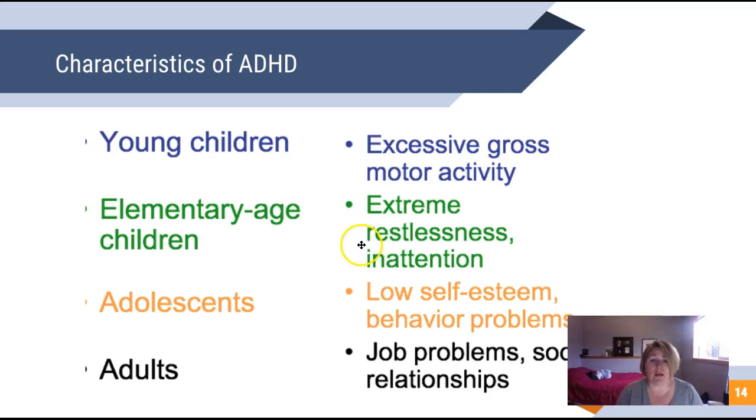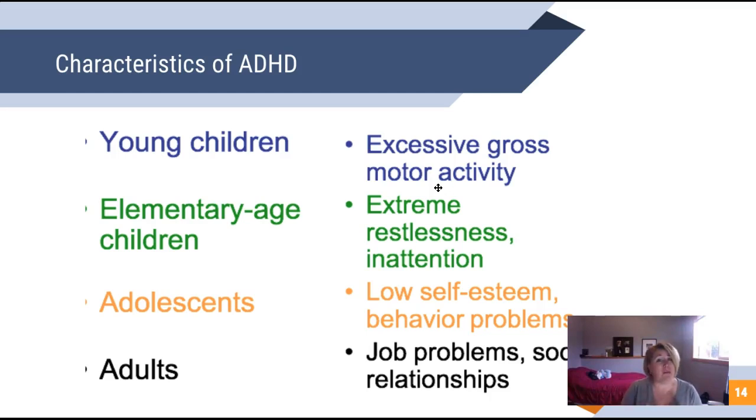So, characteristics of ADHD. As we move across the developmental stages, in young children we're going to see really excessive gross motor activity. Every little person is active, at least if they're healthy and able to, but you will see kids who are abnormally out of the norm. They're the Energizer Bunny that never stops until they just drop.